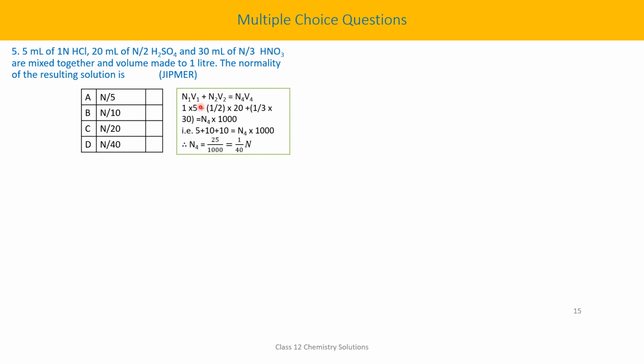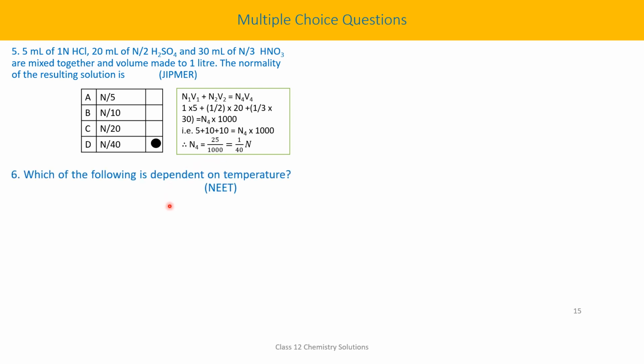N1V1 plus N2V2 plus N3V3 is equal to N4V4. That is equal to 1 into 5 plus half into 20 plus 1/3 into 30 equals N4 into 1000. Simplifying, we get N4 as 1/40, N/40. So D is the correct answer. Please mark it. Next question.